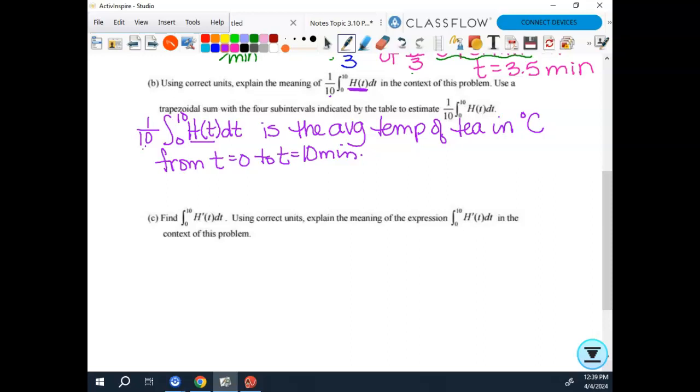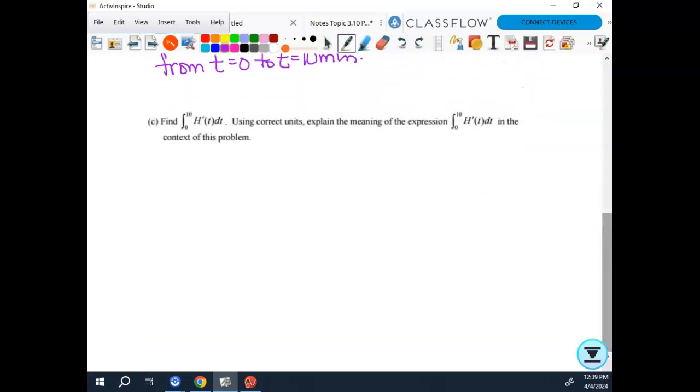All right, so now on C it says to find this and then interpret it. We're just going to interpret it, like I said, because I want to get to that other page. I just have the integral of h prime of t. Is this an average anything? No. If I integrate the derivative, I get the original, right? So if I have h prime of t and I integrate that, that's going to give me h of t. But this gives me an accumulation of h of t.